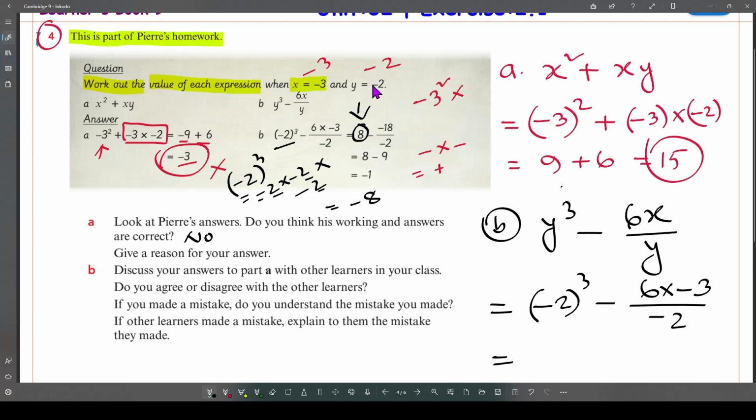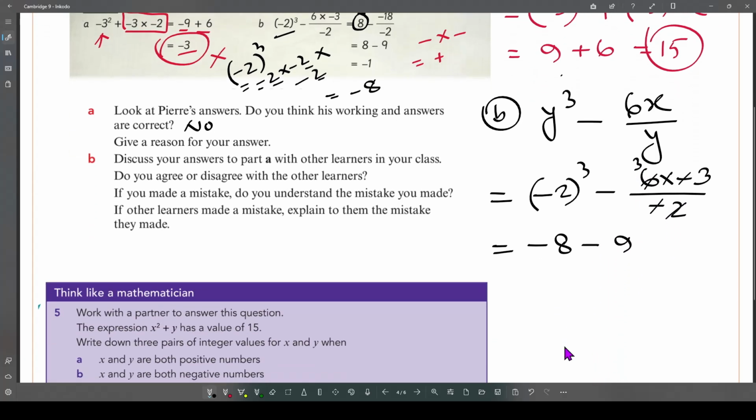This is also a mistake. Therefore the answer will be, here is minus 8, then minus, here minus and here minus is a plus. 6 divided by 2 is 3, so minus 9. Okay, so the answer will be what? Minus 17.